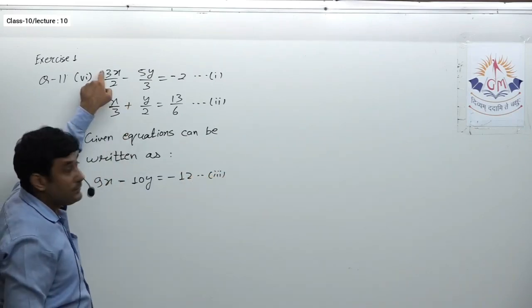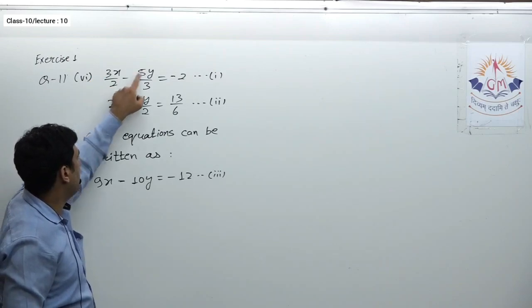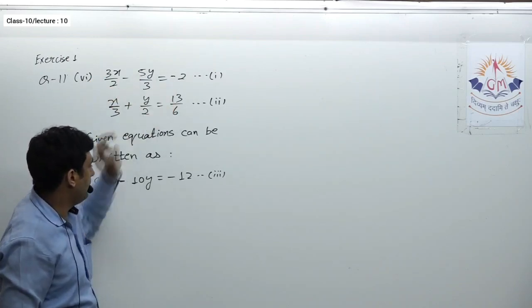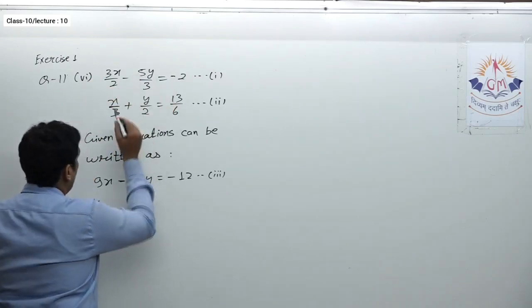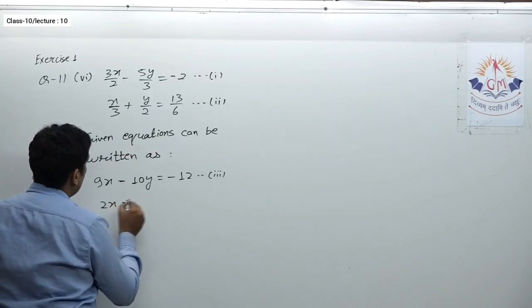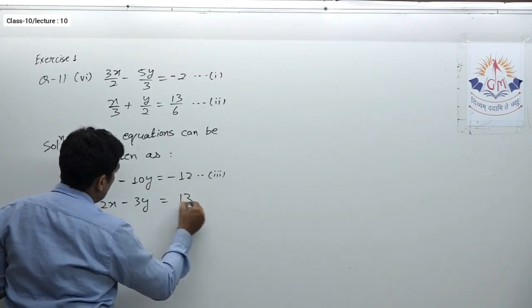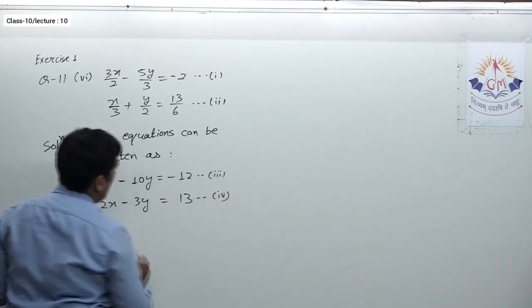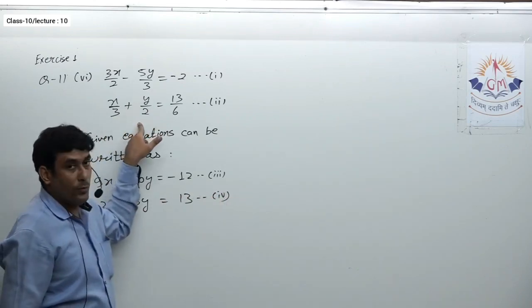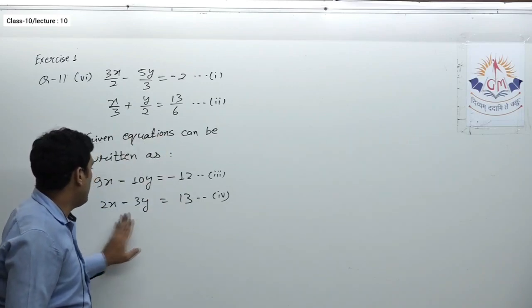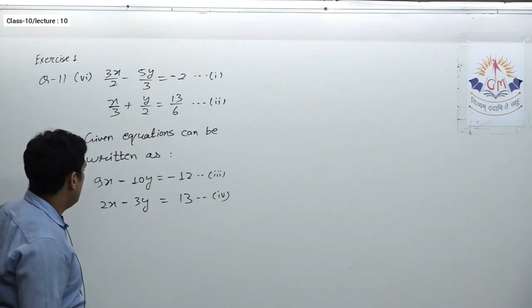Here 3 threes are 9, 9x minus 10y, and 2 sixes are 12, minus 12. And over here I will get 2x minus 3y is equal to 13. If you take the LCM over here, you will get 2x minus 3y is equal to 13.